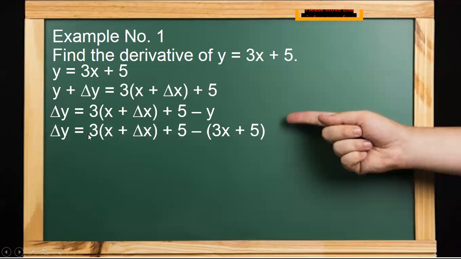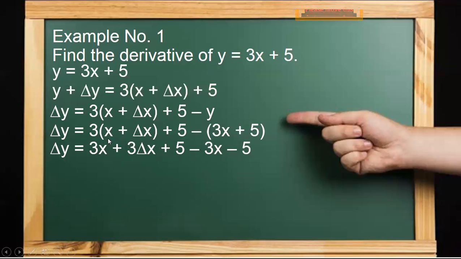So we're going to eliminate the grouping symbols now by using the distributive property of multiplication over addition. So 3 multiplied by x is 3x, plus 3 multiplied by delta x is 3 delta x. Then we're just going to copy the constant, which is 5, minus; we're going to distribute the minus sign to all terms inside the parentheses.